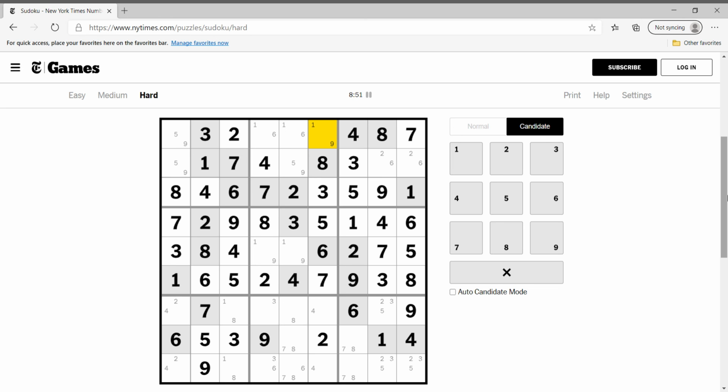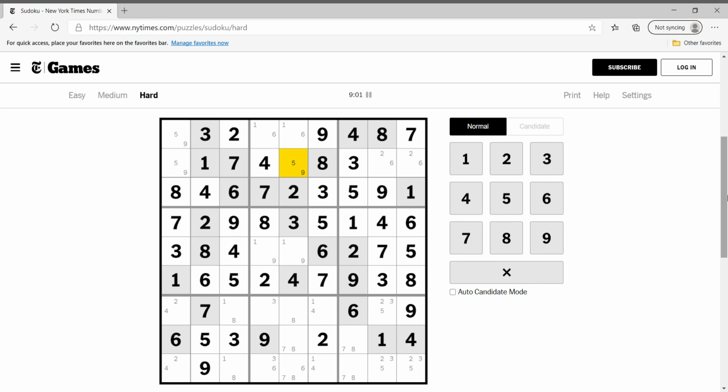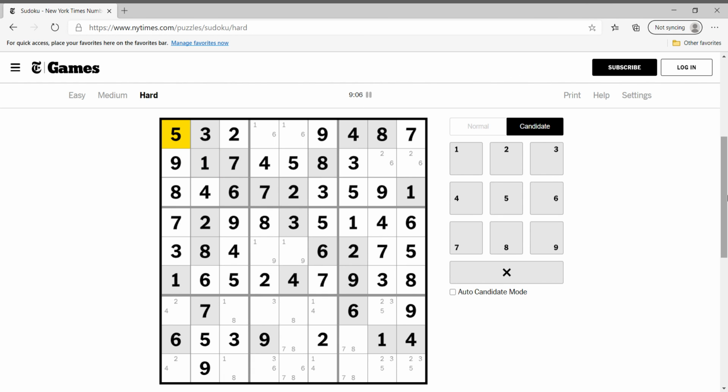Okay, so in this column we need 1, which can be here and here, and then we also need 9. Well, 9's cannot go anywhere here. This has to be 9 in this column. Okay, so this is 5. 9, 5. Okay, so this becomes 1, 4, 1, 4 matching pair. So 3 we already know. 5 in this box actually is just like 3.